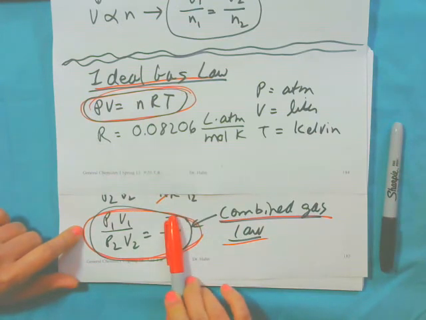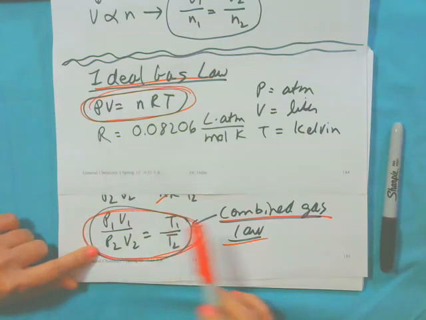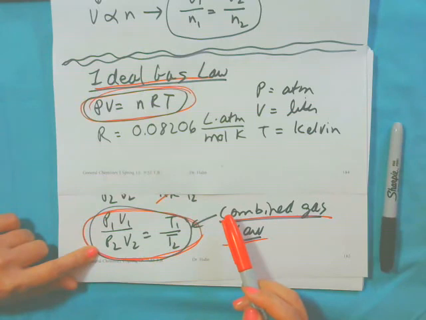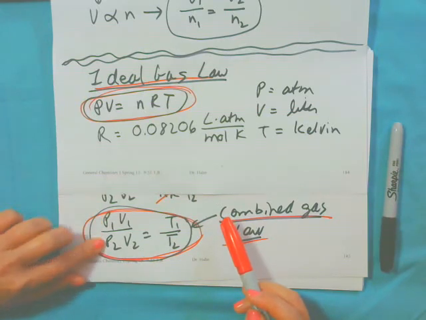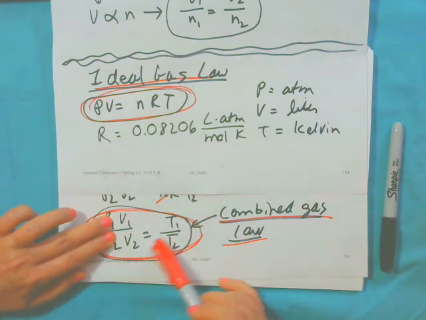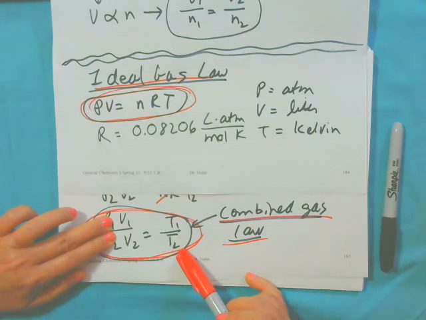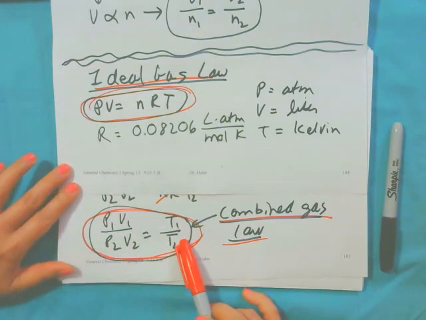This becomes 1, then this equation becomes Boyle's law equation. If you keep the pressure constant, so if pressure 1 is equal to pressure 2, this would cancel out, and then you'd have volume 1 over volume 2 is equal to T1 over T2, which is just Charles's law rearranged. So this would give you Charles's law. So the combined gas law really does combine all the gas laws.